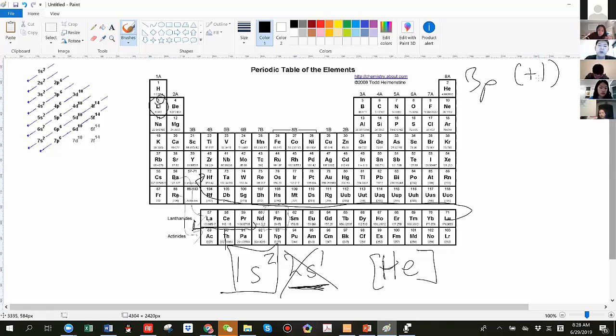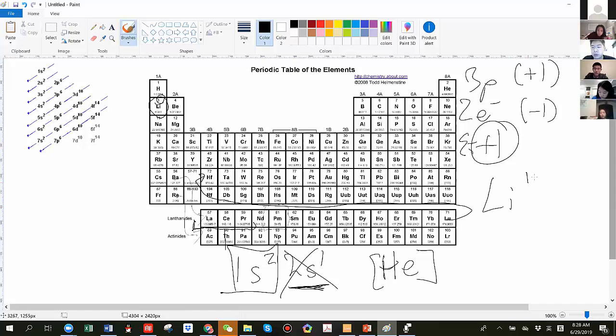We started with 3 electrons, but now we have 2, and each of those is -1. If we sum that all together, we get a +1 charge. So we write this ion as lithium plus. Some people like to write the plus in a circle, and I'm one of those people.